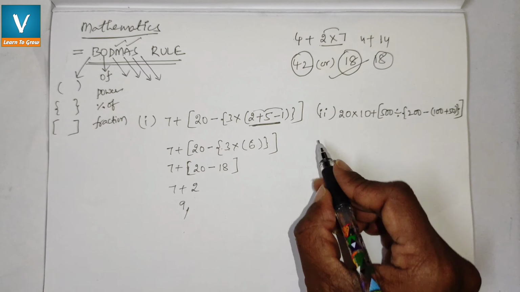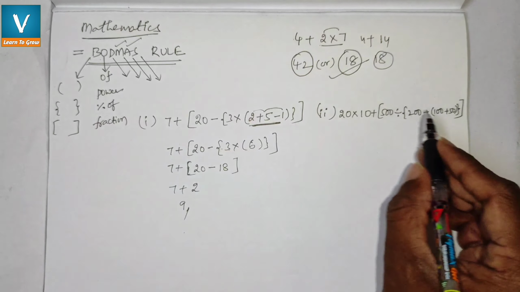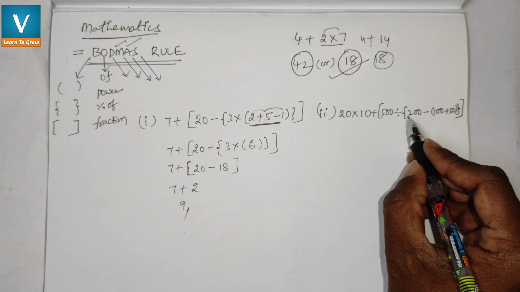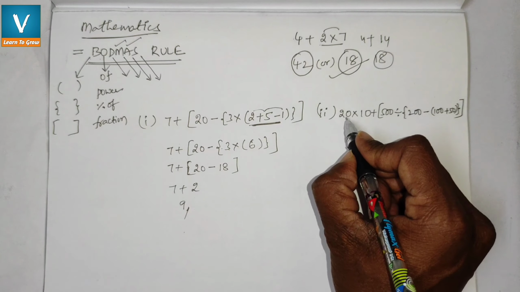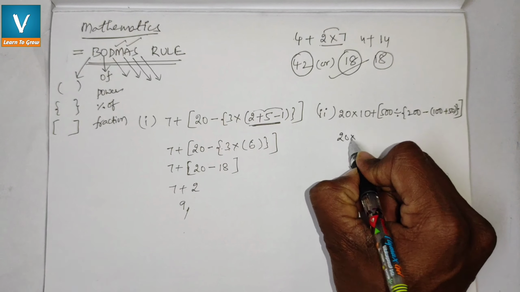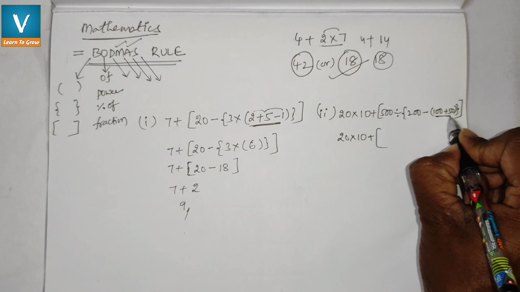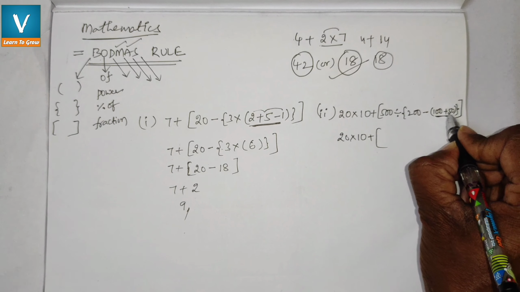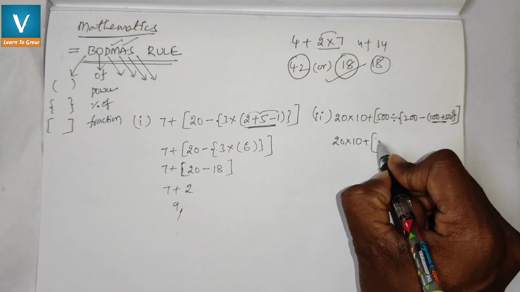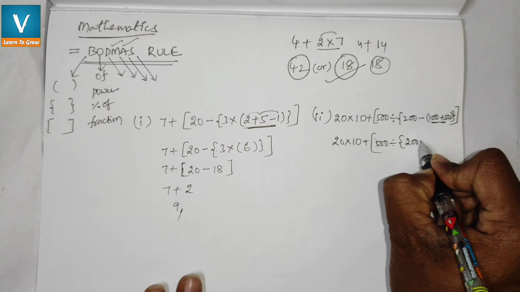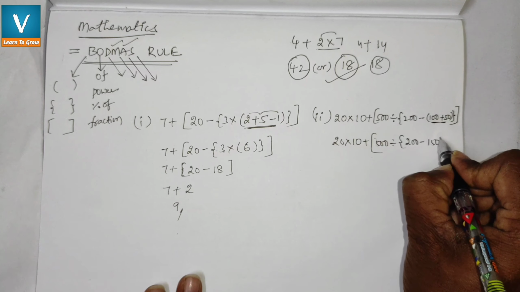So according to the BODMAS rule, first we have to complete the brackets: simple brackets, then curly brackets, then square brackets. So first outside I'm writing the same 20 into 10 as it is, plus. Now solve the simple brackets: 100 plus 50 is 150. I write 500 divided by 200 minus 150.